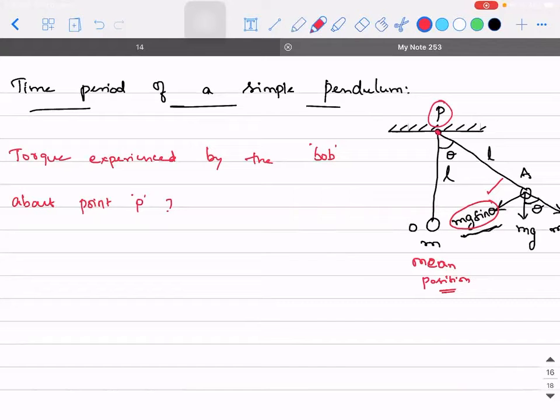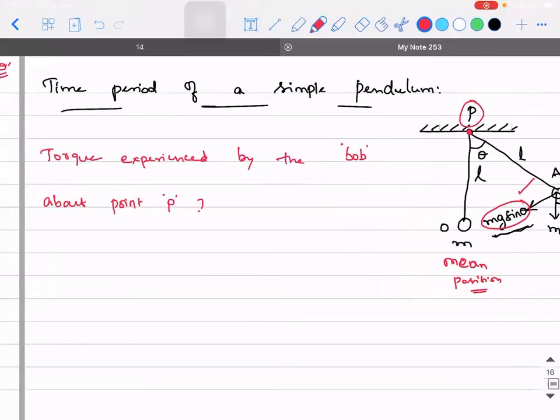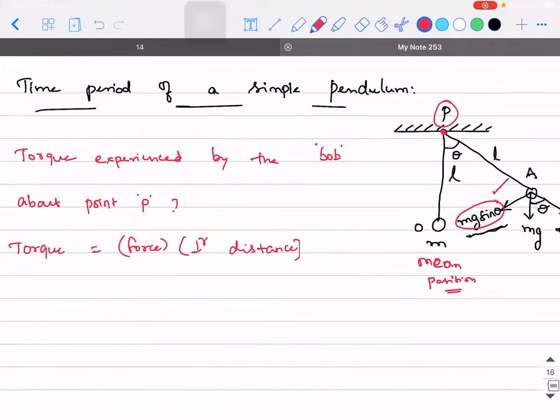This is the axis of rotation about which it is revolving. We know a formula. Torque is equal to, in terms of magnitude, force into perpendicular distance. You know this, right? Torque is equal to force into perpendicular distance.